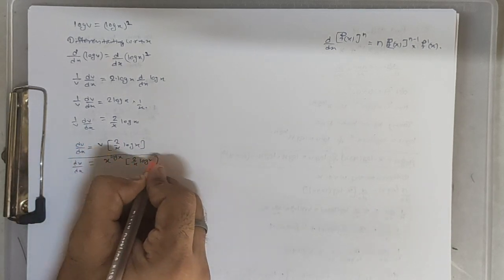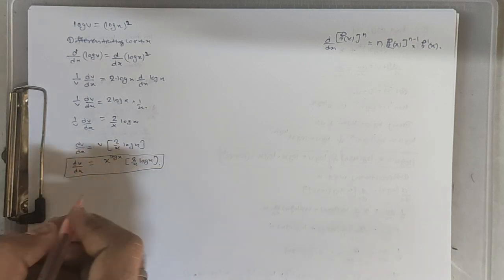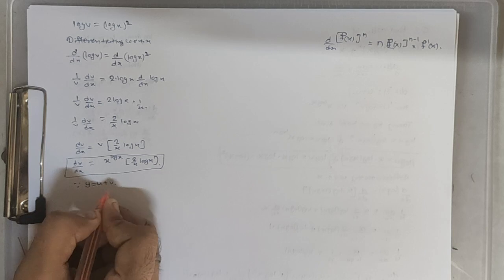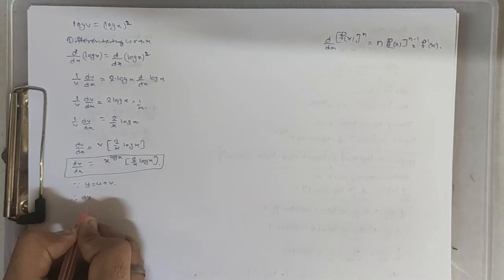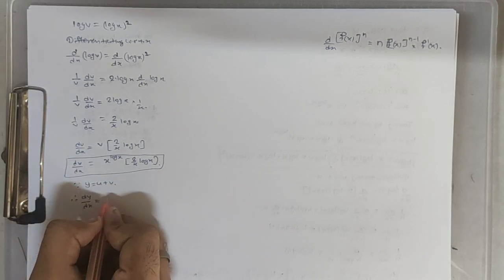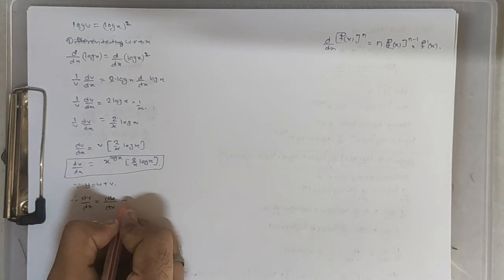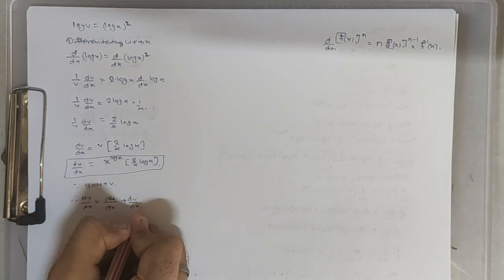Now as we know, since y is equal to u plus v, therefore dy by dx is equal to du upon dx plus dv upon dx.